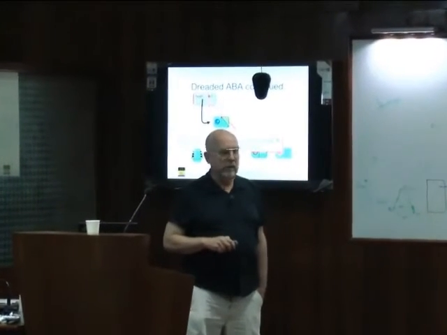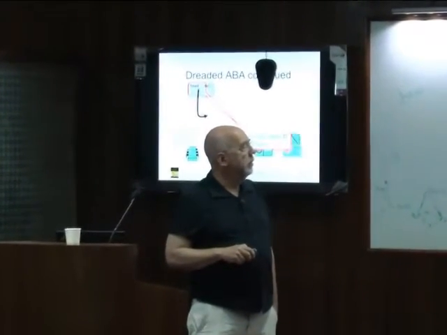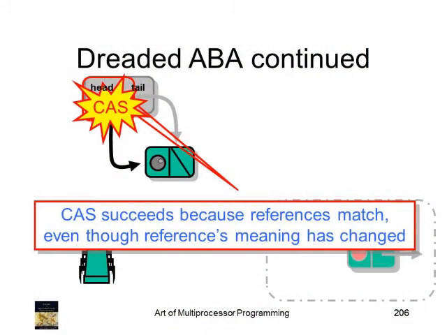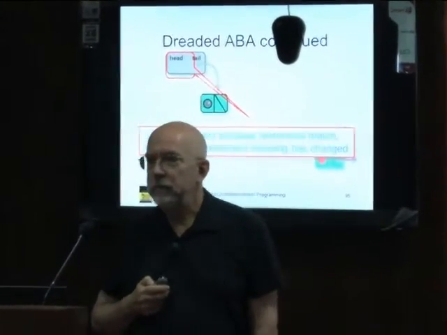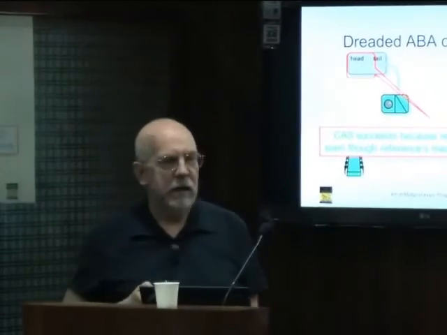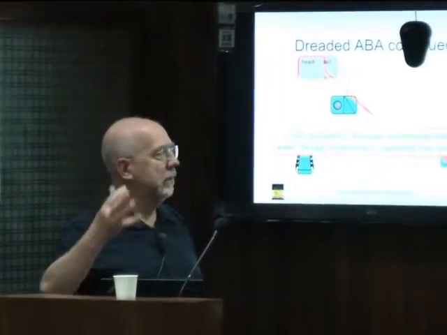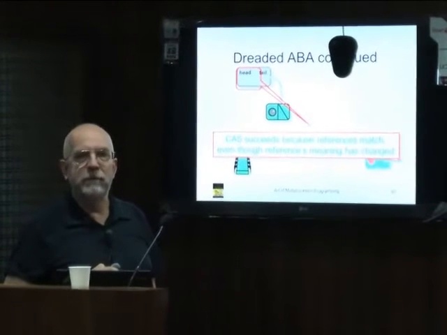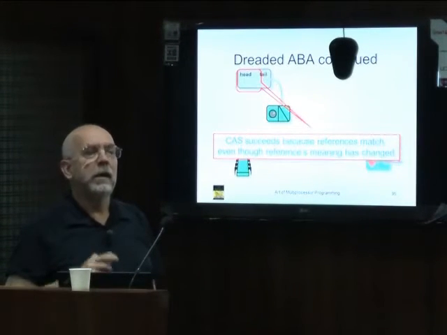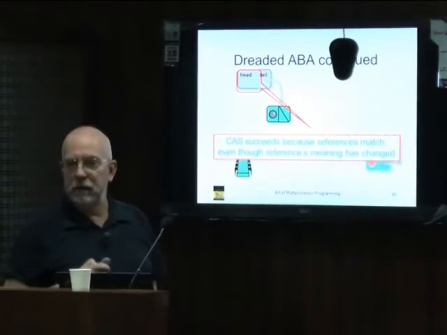Its contents change. And then it's set back to A, and then compare and swap succeeds because the references match, even though this node has been reincarnated to have a different meaning. And this is a common pitfall if you're using the combination of compare and swap and memory management.